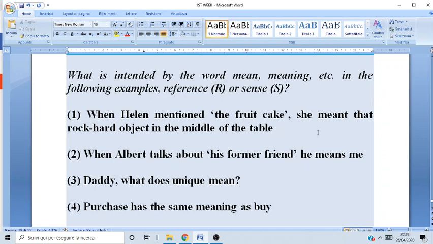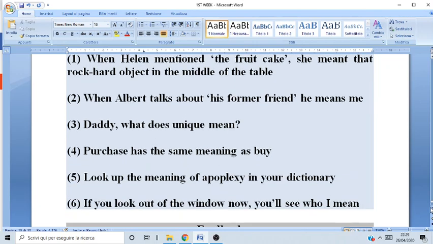So is this word meant used for reference or sense? When Albert talks about his former friend, he means me. Daddy, what does unique mean?